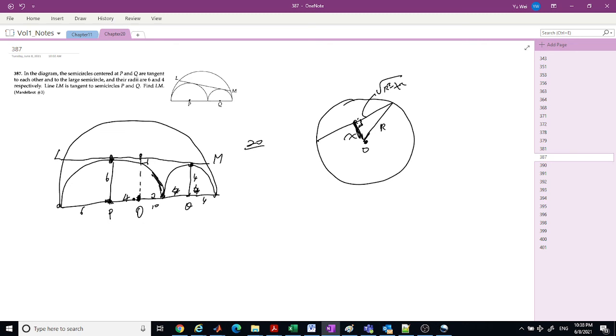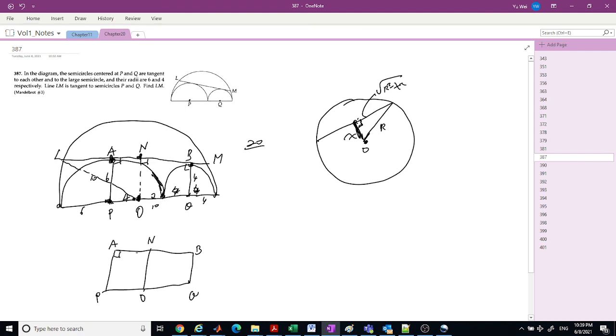So you can see that this point N is the midpoint of LM, and we know the radius is 10, right? As long as we solve ON, we solve it. You can see we have PA, QB, ON.